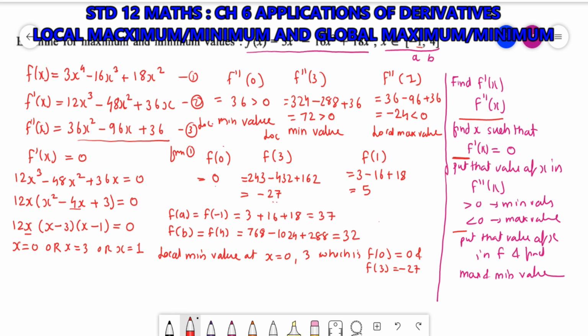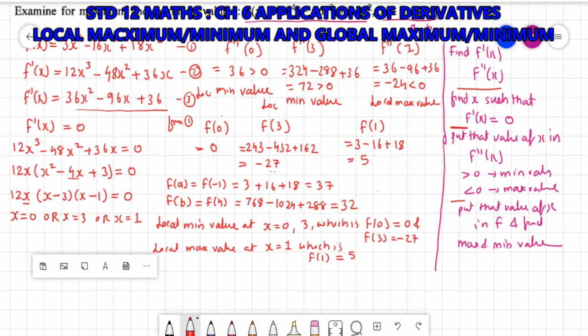Means the local minimum values are 0 and minus 27, and when does it come? At x equal to 0 and 3. Now the local maximum value at x equal to 1, which is f of 1 equal to 5. Clear? So this was about local minimum and local maximum values.